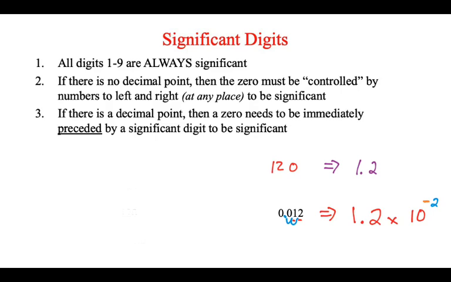What is my first significant digit? 1. Okay, followed by the 2. So 1 in the ones place, followed by the 2. Okay, note, I'm not showing the 0. Why is that 0 not getting added into this? It's not significant. How do I know it's not significant? I followed rule 2.